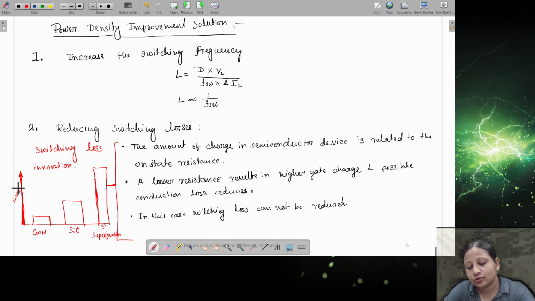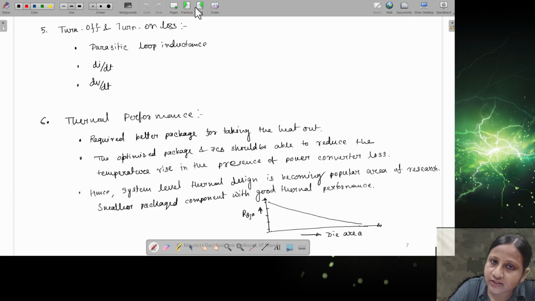So for switching loss innovation, if we have to reduce switching losses, we can select a suitable device. We can go for the wide bandgap devices. We can use the GaN device in order to have very little switching losses. This is where the innovation can come. This switching loss covers all the losses, meaning reverse recovery loss, charge related loss, conduction loss, everything. Okay.